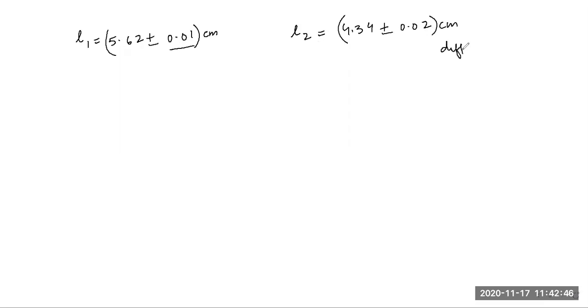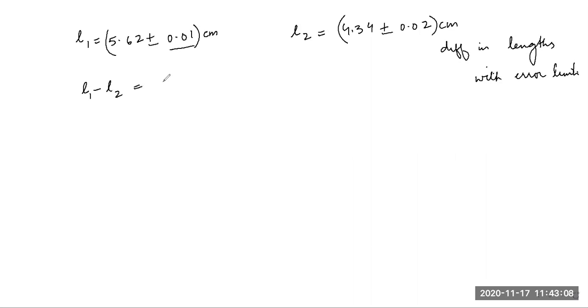We want to find the difference in length with error limits. Okay, students. So we know L1 is this and L2 is this. So what will be L1 minus L2?